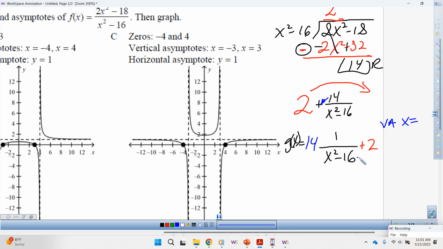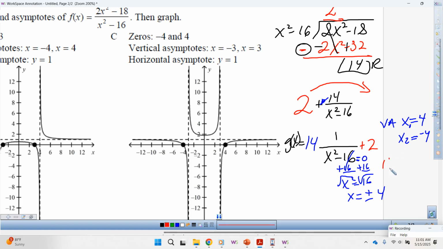You said set it equal to 0 and solve. Very good. So, plus 16 plus 16, x squared equals 16. Square root, x equals plus minus 4. So what does that mean, Mr. Q? That I have two VAs. X is positive 4, x is negative 4. Two VAs.